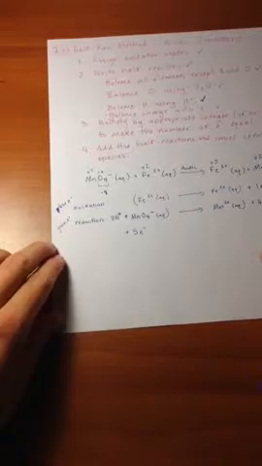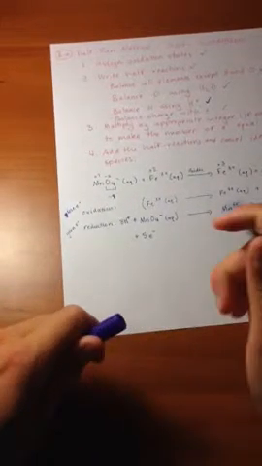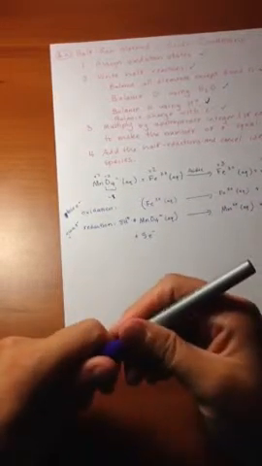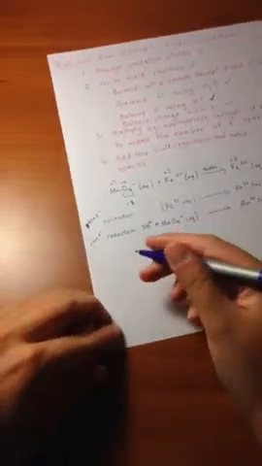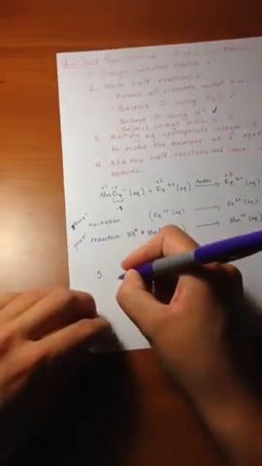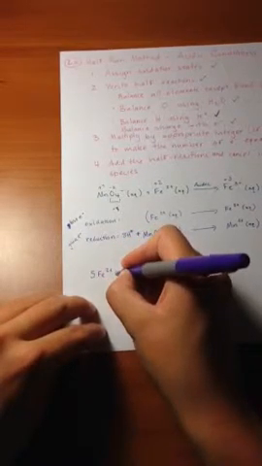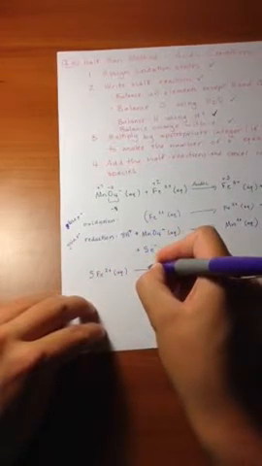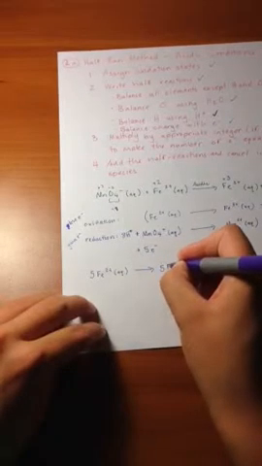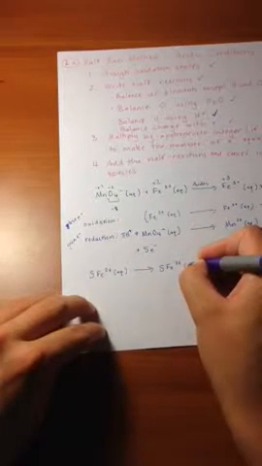Alright, so I'm just going to write out what we have so far for our half reactions one more time, with it multiplied by the appropriate integer. So here's our reduction again, making sure to get that coefficient in there.